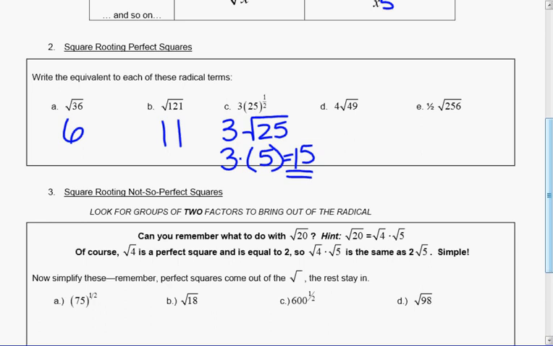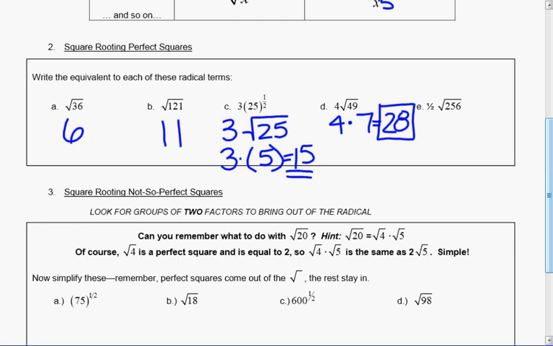Go ahead and try D on your own. You should have gotten 28 for letter D, because we know the square root of 49 is 7, and when we multiply that by 4, we get 28. Let's look at letter E. This one looks difficult, but it's not.